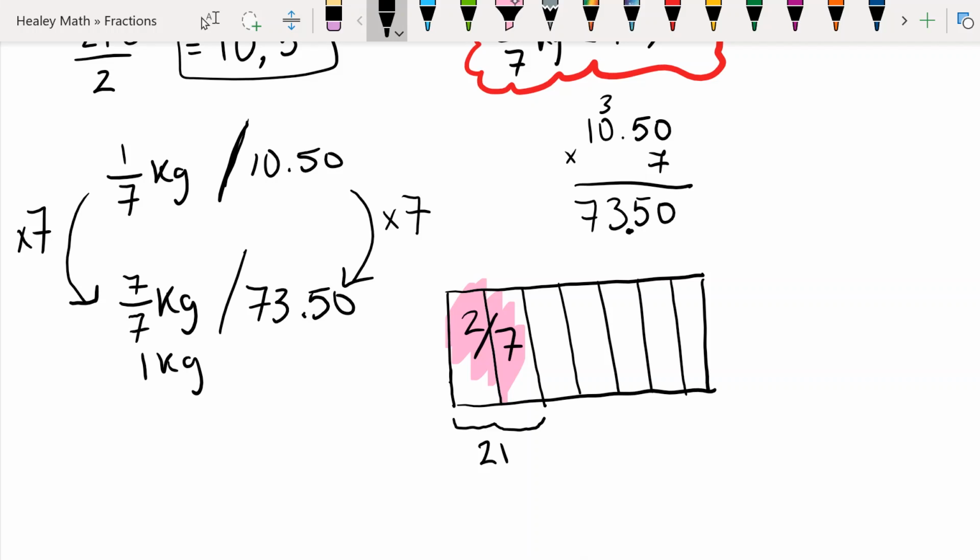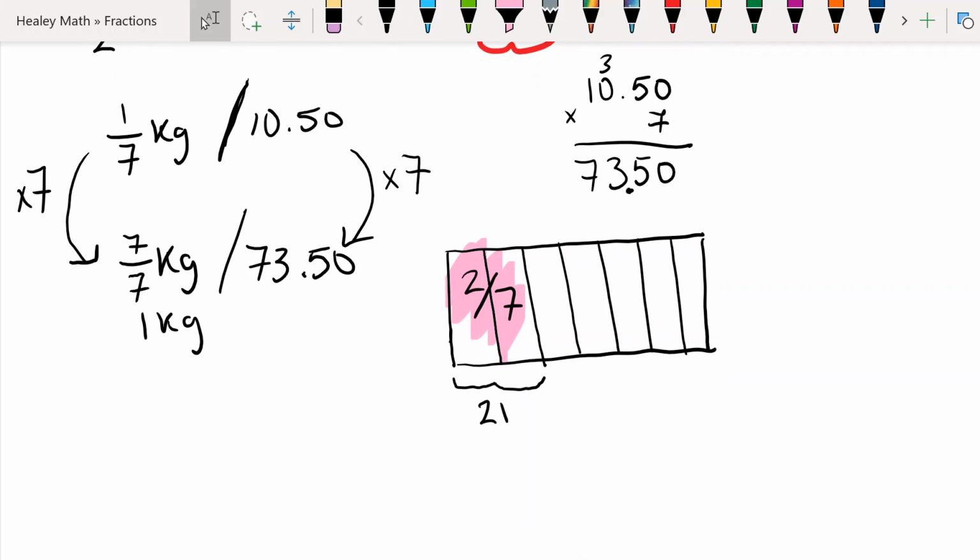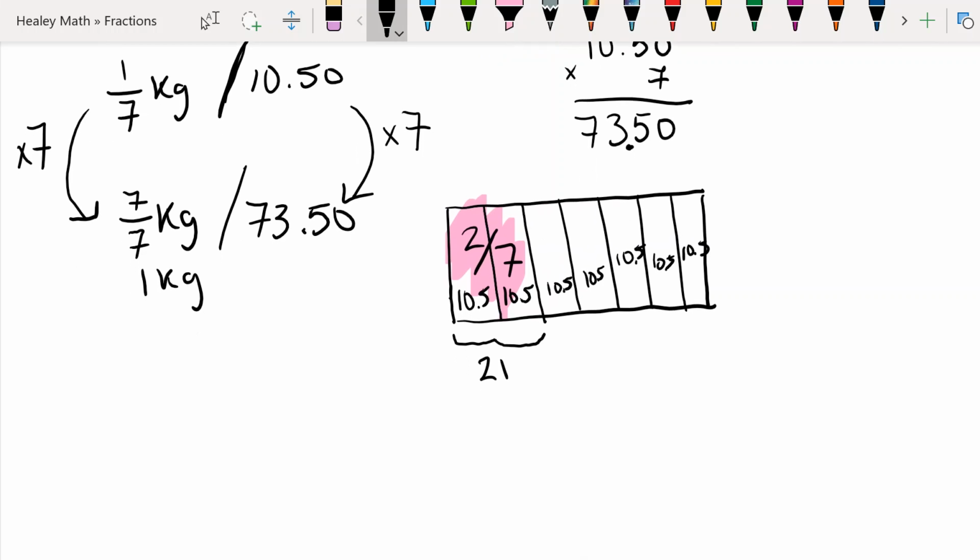And we determined that one of these is 10.50, which means that each of these must be 10.50. Or we can represent that as 10.50 times 7.